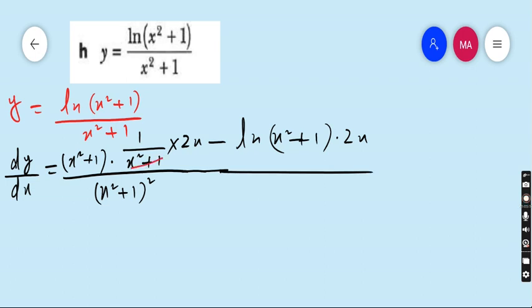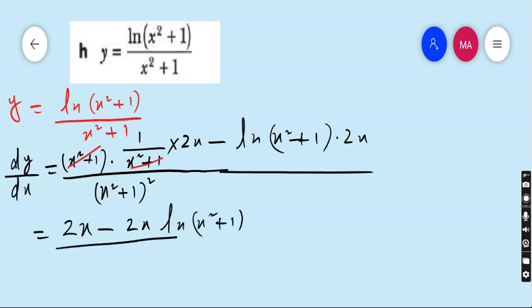Cancel this x² + 1 by this x². So 2x·1, or 2x, minus 2x ln(x² + 1) upon (x² + 1) whole square.